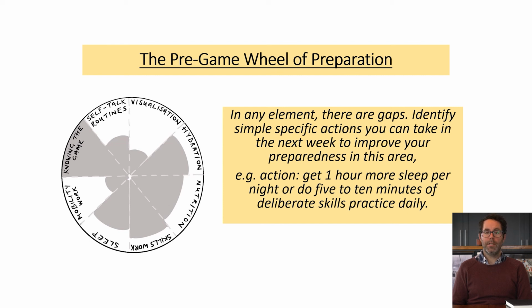But what we're trying to get as the output of this wheel of preparation is 3 or 4 things you can control in advance of competition, so that it will allow you to show up as best prepared as possible. So that's why it's called a wheel of preparation. Again, it gives you clarity on what needs to be done, and then action is required.